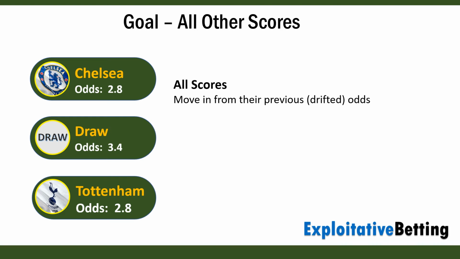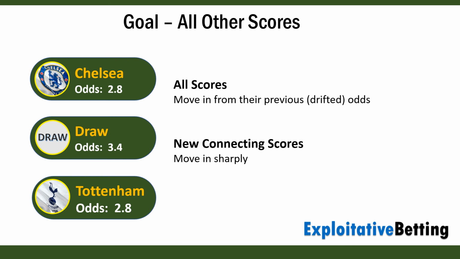If a goal is scored, the odds of all the other correct scores will move in. The odds of the new connecting scores, that's the scores that can be reached with 1 goal, will generally move in sharply. For example, let's say the score reaches 2-0, the new connecting scores will be 2-1 and 3-0, and these will move in sharply when the second goal's been scored.